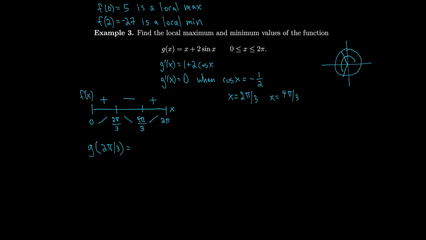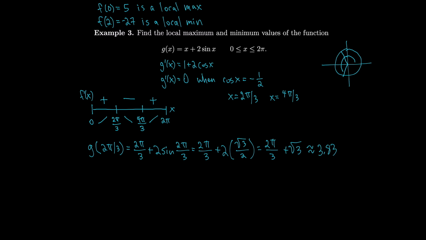So if we plug in 2 pi over 3 for our function g, we get 2 pi over 3 plus 2 times the sine of 2 pi over 3, which is equal to 2 pi over 3 plus 2 times rad 3 over 2, because when cosine is a half, sine is rad 3 over 2, and this will be equal to 2 pi over 3 plus rad 3, which is roughly 3.83. So that is a, let's see, 2 pi over 3, we're going up and then down. It looks like a local maximum.